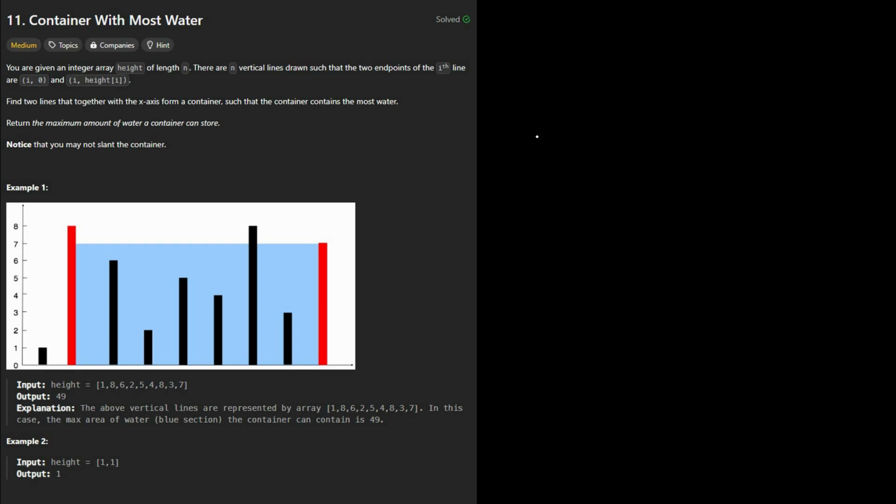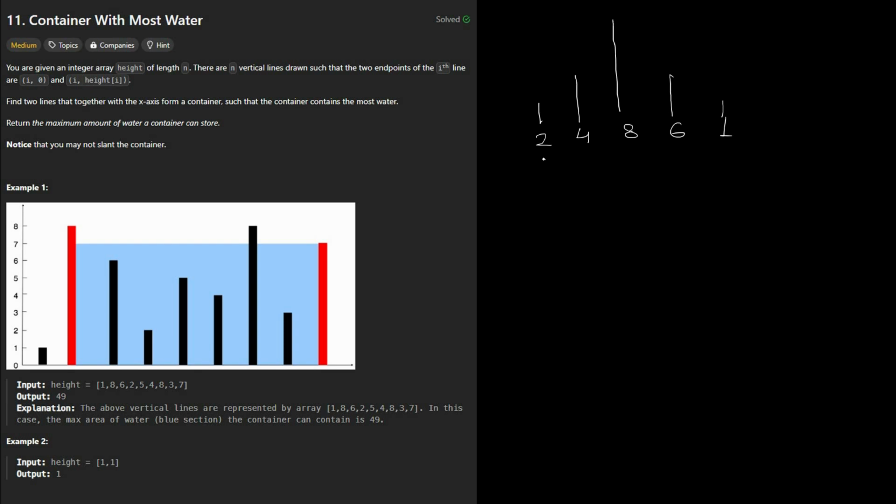Let's say the heights are 2, 4, 8, 6, 1. The 2 value would be something, 4 and 8 would be a little bit higher, then 6, and again the 1.